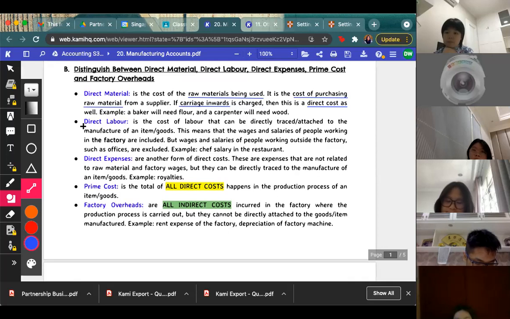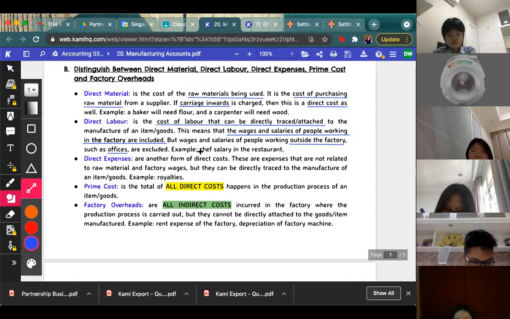No? Next, direct labor. Direct labor is the cost of labor that can be directly traced or attached to the manufacture of items or goods. This means that the wages and salaries of people working in the factory are included. Wages and salaries of people working outside the factory, such as in the office, are excluded.